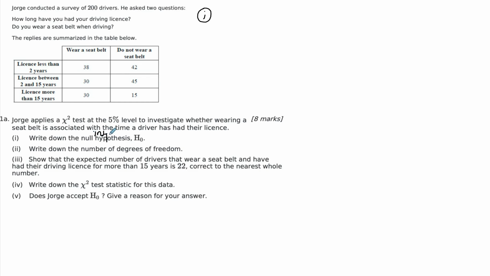So are they independent? So what are the two things you're conducting? It's basically these two questions: how long they've had the license and whether they wear seatbelts. And basically you just want to say that these two are independent.